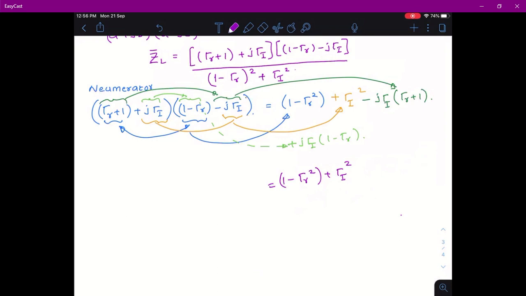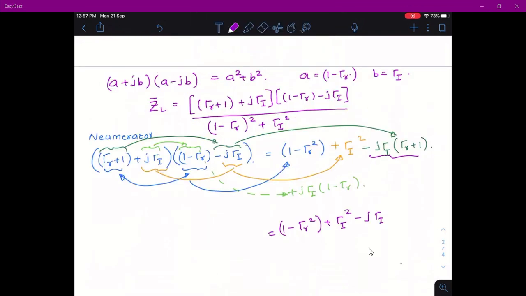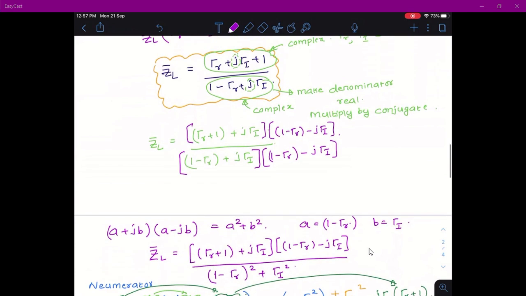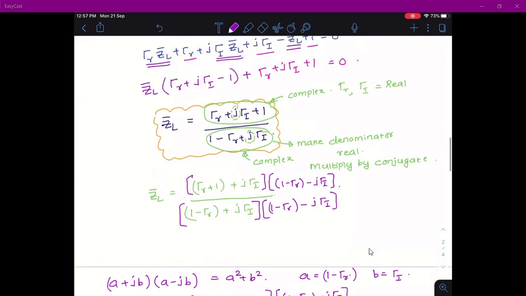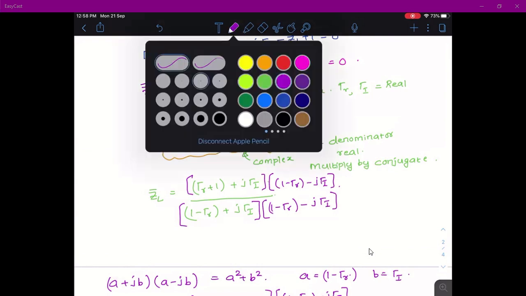So you see, when you expand this term, this is minus j. Okay. So the mistake comes from the start actually, because when you take this to this side, then you will have plus here and a minus here. Okay, so I can write this as, this should be minus.